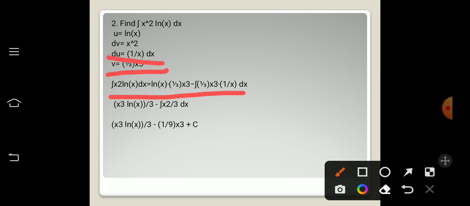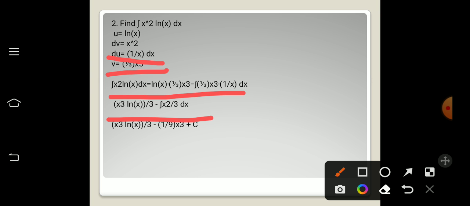First, multiply everything out. So we have x cubed ln x over 3 minus the integral of x squared over 3 dx.